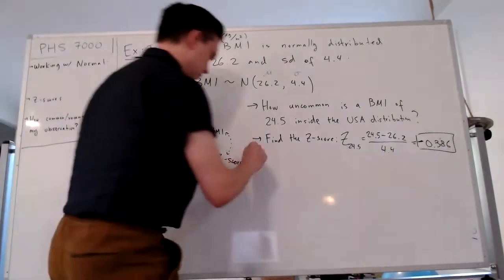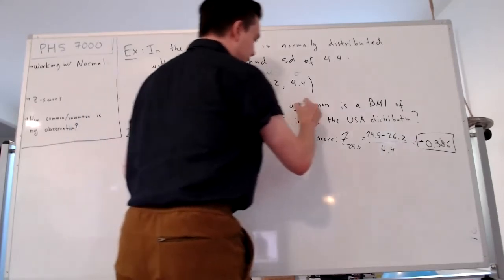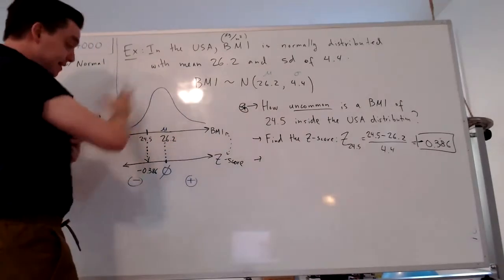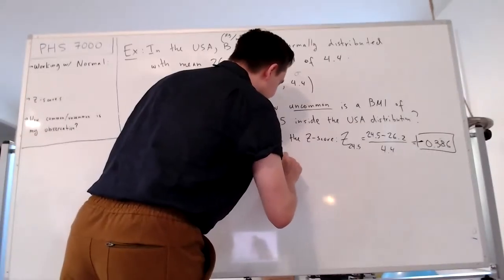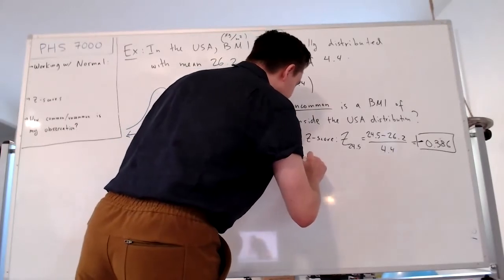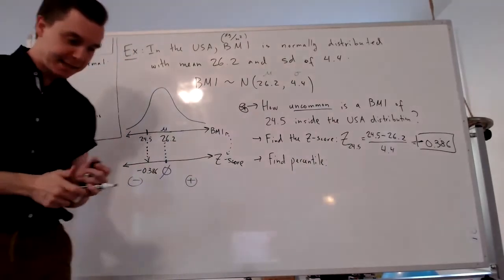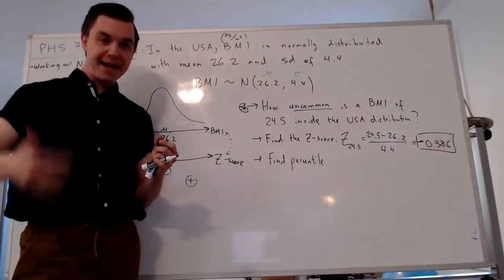And now, I'm still trying to answer my question of how uncommon or surprising is my BMI of 24.5 inside of this distribution. I can find the percentile. Right? Percentile is what proportion of the population is below that value.